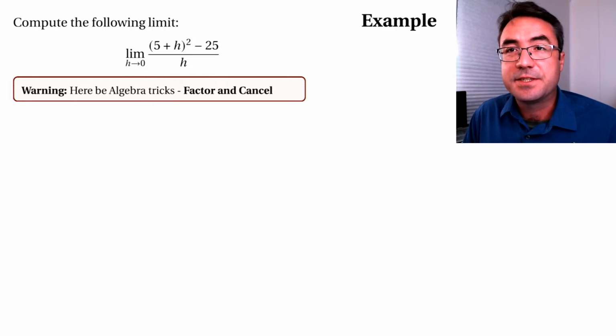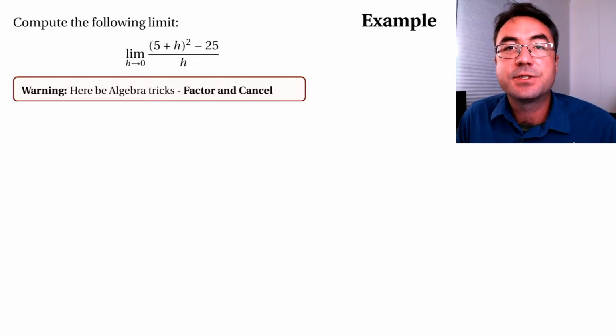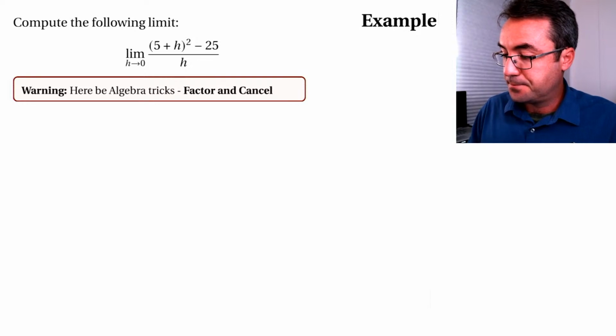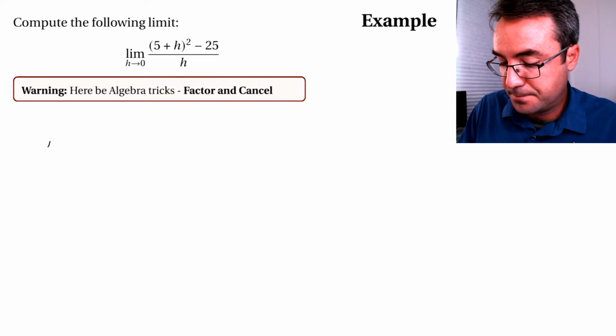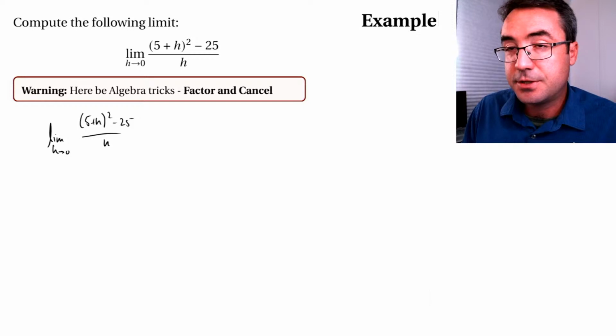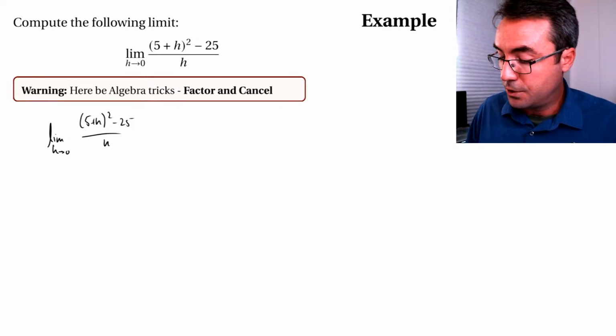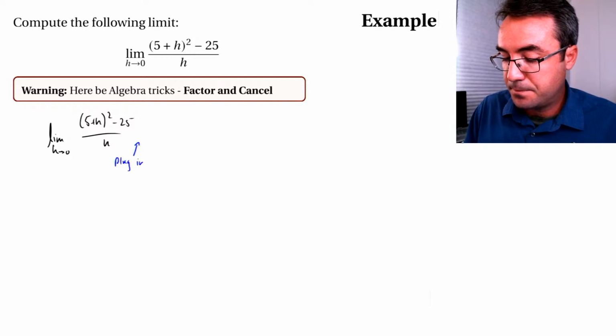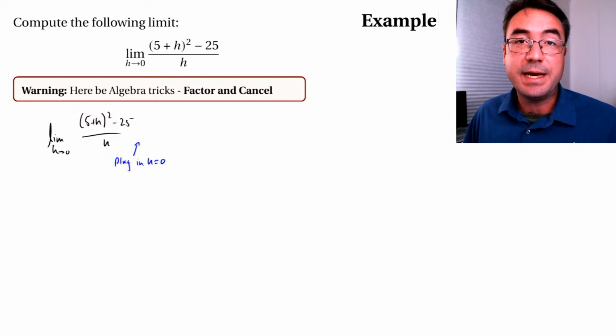All right, so when we look at this thing, the first thing we should try is notice that it's a rational function. Just try to plug in and see what you get. So we'll do the limit as h goes to 0 of (5 plus h) squared minus 25 over h. As our first attempt, we're just going to plug in h equals 0 and see what we get.